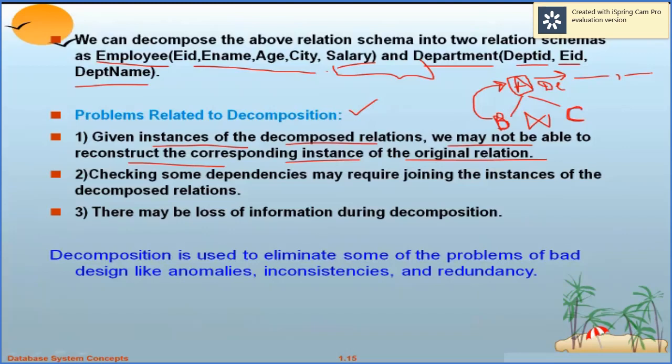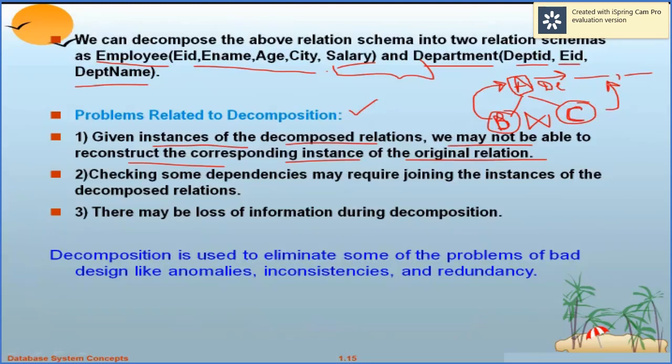When A is decomposed to B and C and joined back, my previous functional dependencies may not be attained. There might be some losses in the functional dependencies. A few might have vanished or gone somewhere. So these two issues are what you're going to face in the decomposition process.